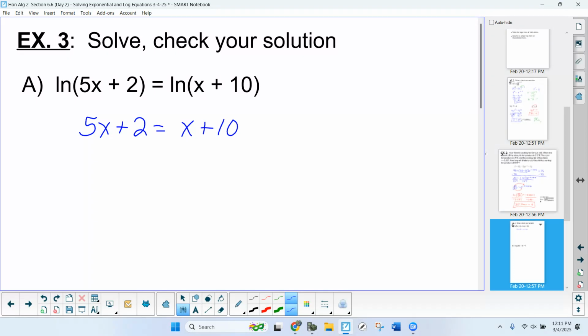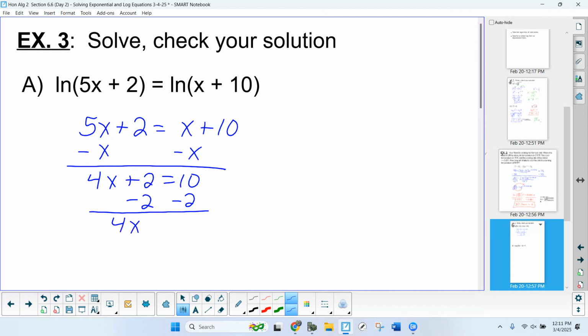So Jordan, what do you want to do to solve this? Subtract x, and when you do, you get what? And now what? Subtract 2, and you get 4x equals 8, and then x equals 2. Now, I should check this.